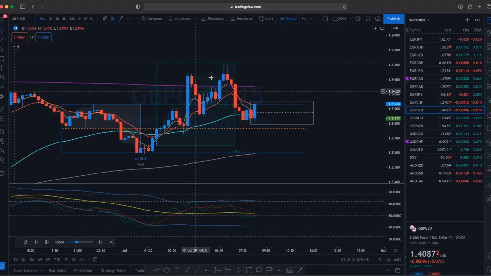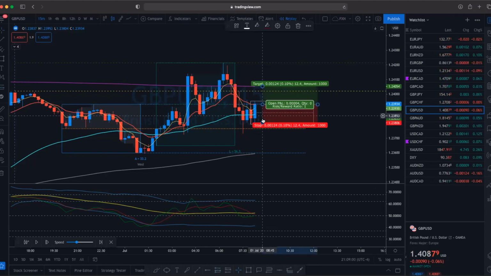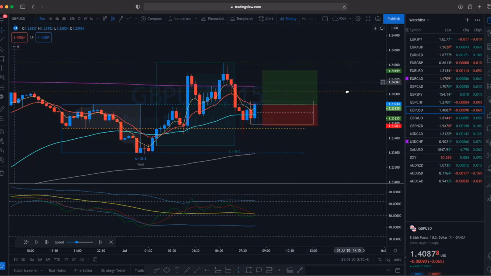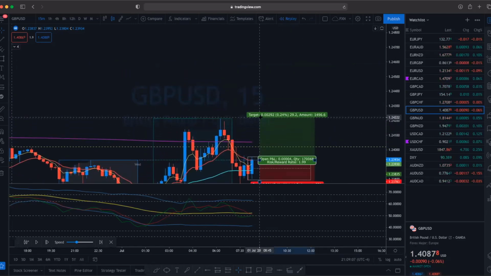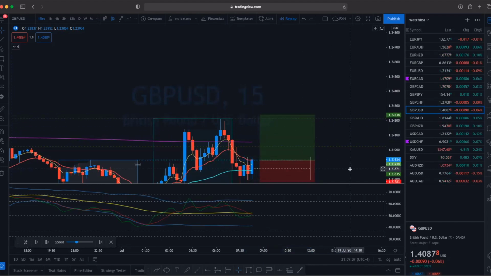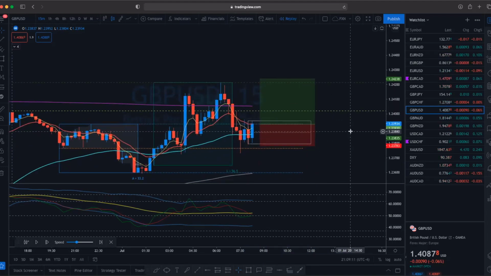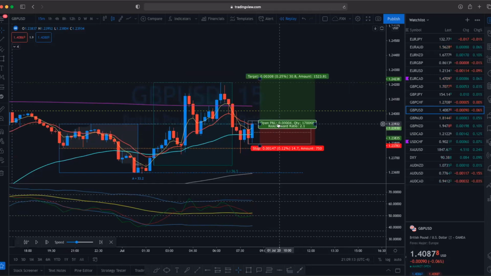If you don't make this one, here's your second entry. So if you don't feel comfortable doing that, this one you'd have to go just there for a 2-to-1. And it's literally the same thing.